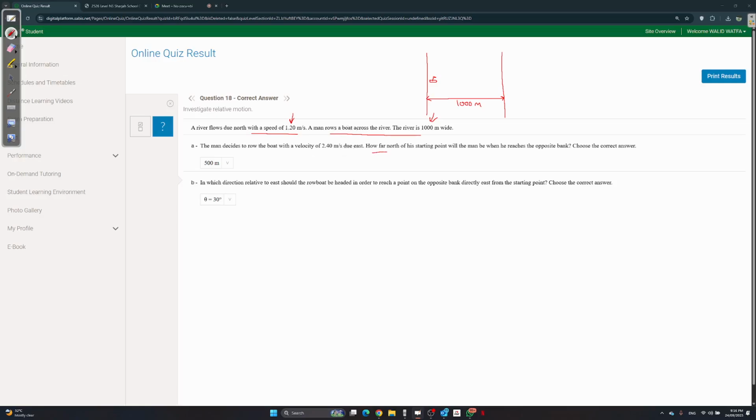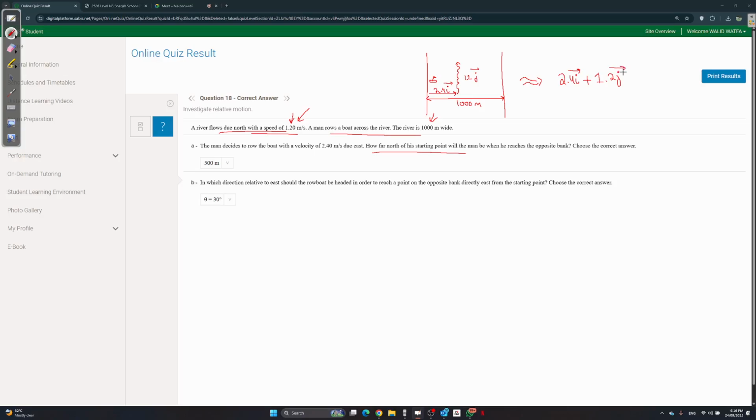Basically, they want how far north of his starting point will the man be. So you have this river flowing north at 1.2 j, right? They said north, so it's 1.2 j, and we have that the man is going east at 2.4 i. So what's his resultant velocity going to be? 2.4 i from the boat, and the river pushing him up 1.2 j.